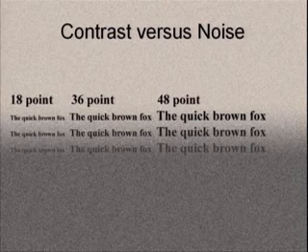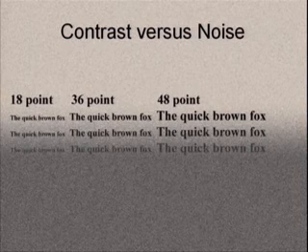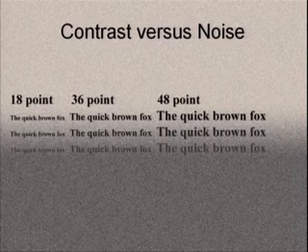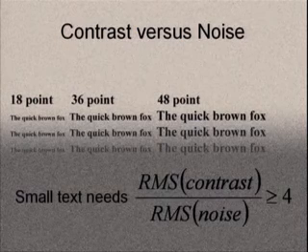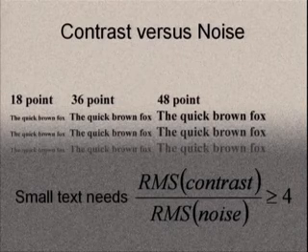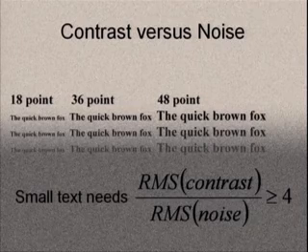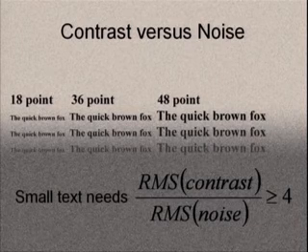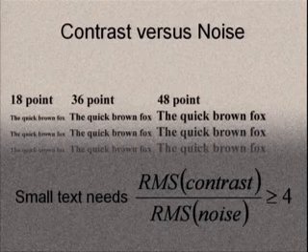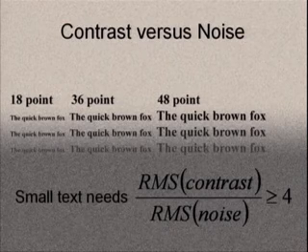You need better signal to noise at higher frequencies to recover the signal. So what this means is that if you're shooting small text, the root mean square contrast that you need from your image has to exceed the root mean square noise by about a factor of 4 for a visually acceptable result.